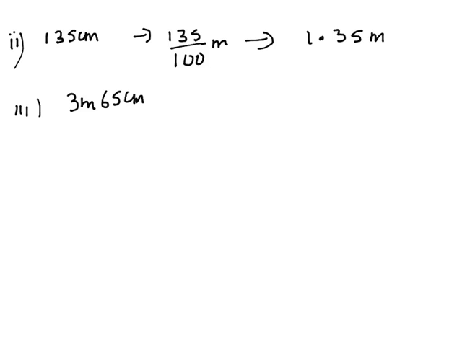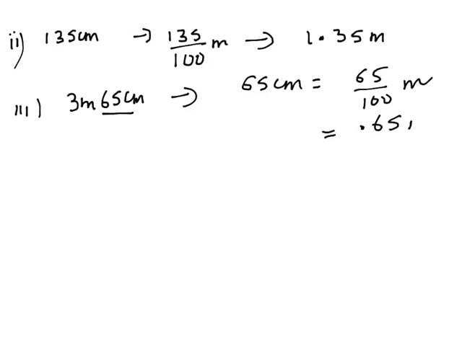Here we convert that 65 into meter. 65 centimeter can be written as 65 by 100 meter, in decimal 0.65 meter. Then we add 3 plus 0.65 meter, so we get 3.65 meter.